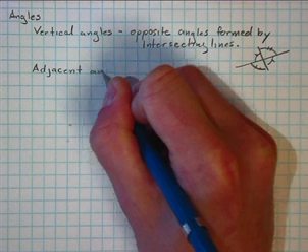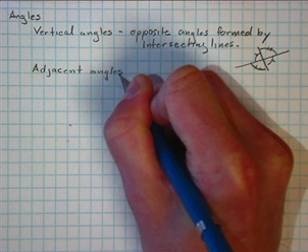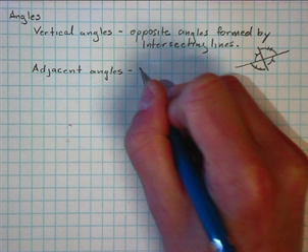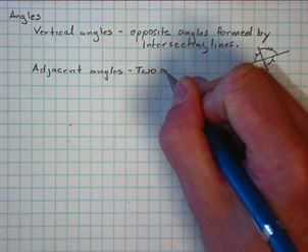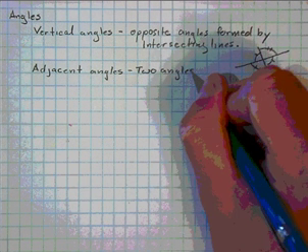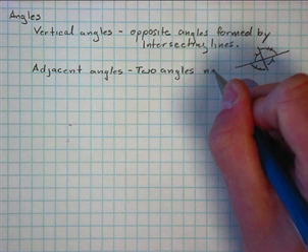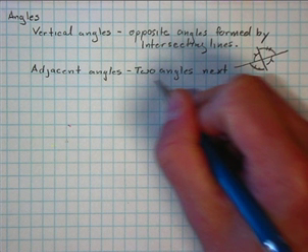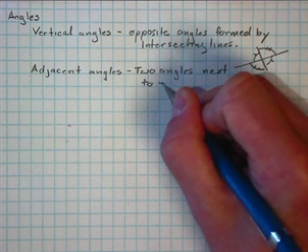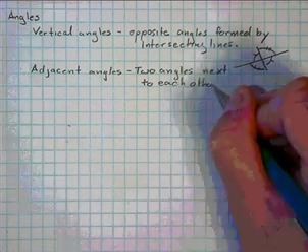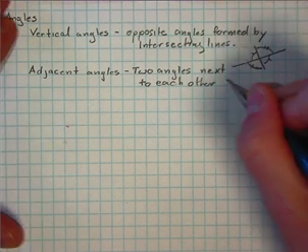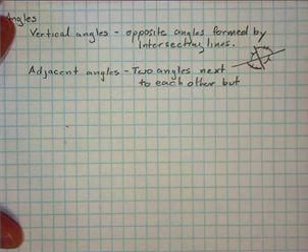Adjacent angles are two angles next to each other. Sometimes we're going to have angles that overlap.